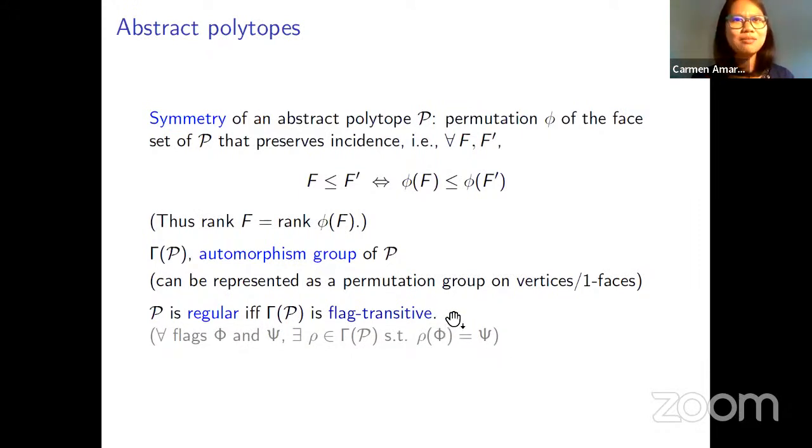So that's what is meant by flag transitive. So we now have our full definition of abstract regular polytopes. This is a partially ordered set satisfying the 4 conditions P1 up to P4 and whose automorphism group is transitive on flags.